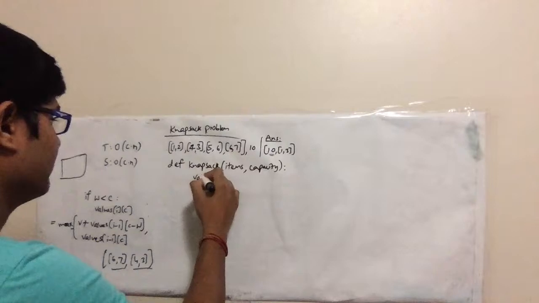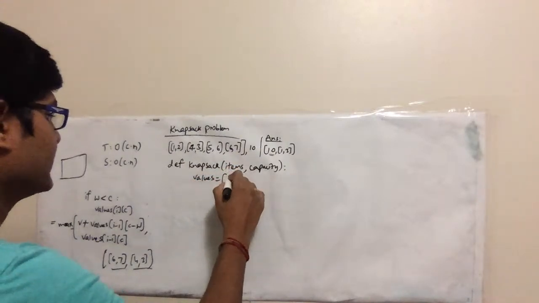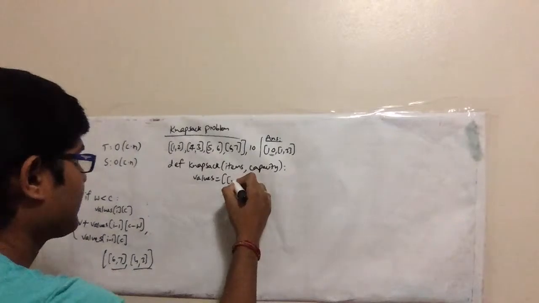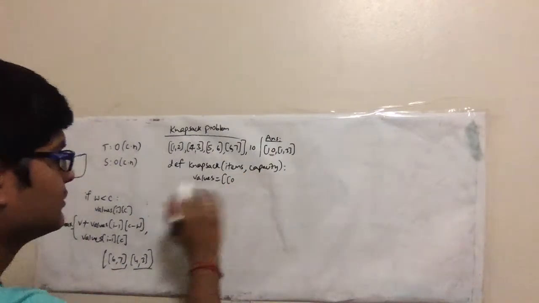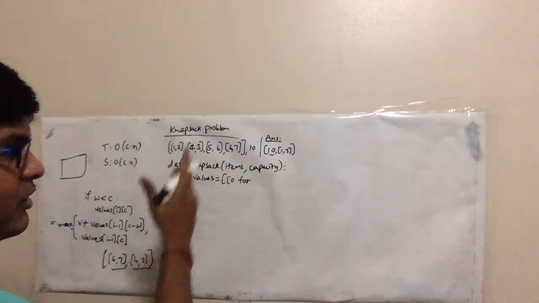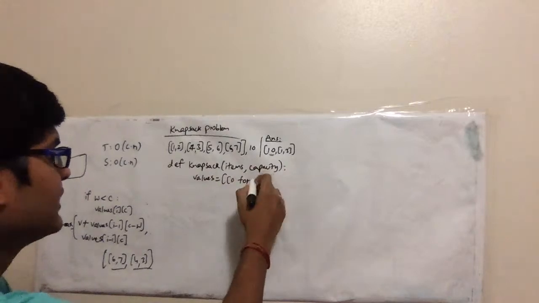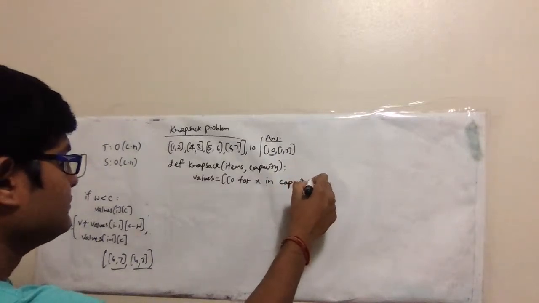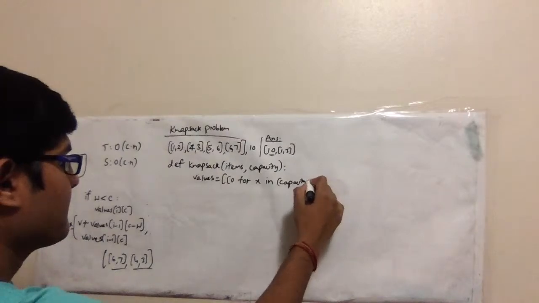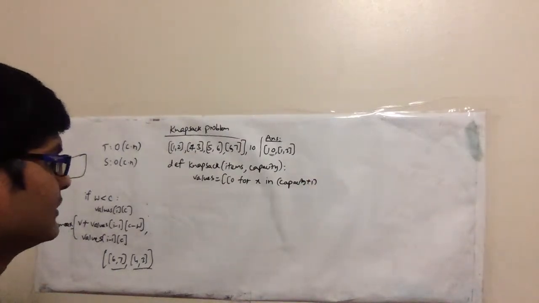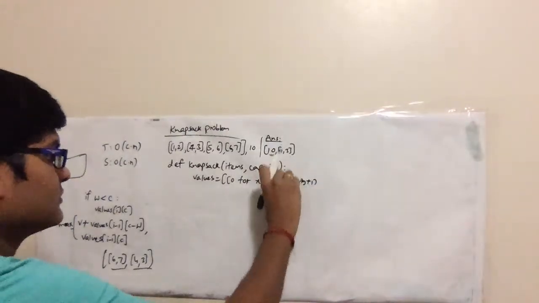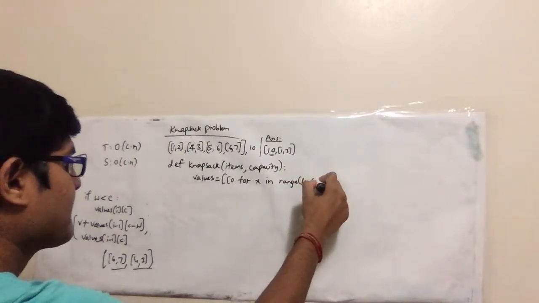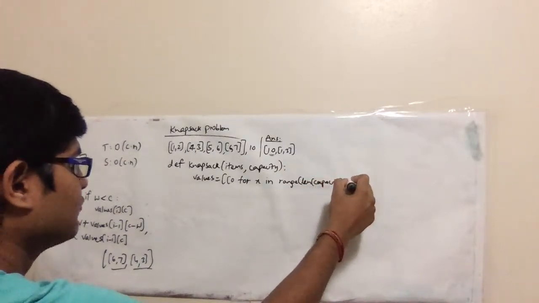So I will keep the values, initialized with zeros. 0 for x in range of capacity plus 1.